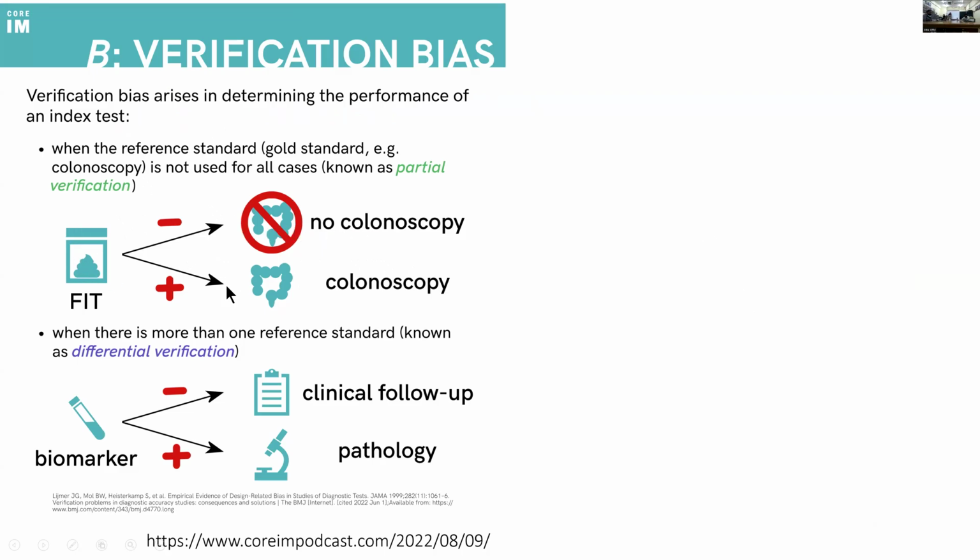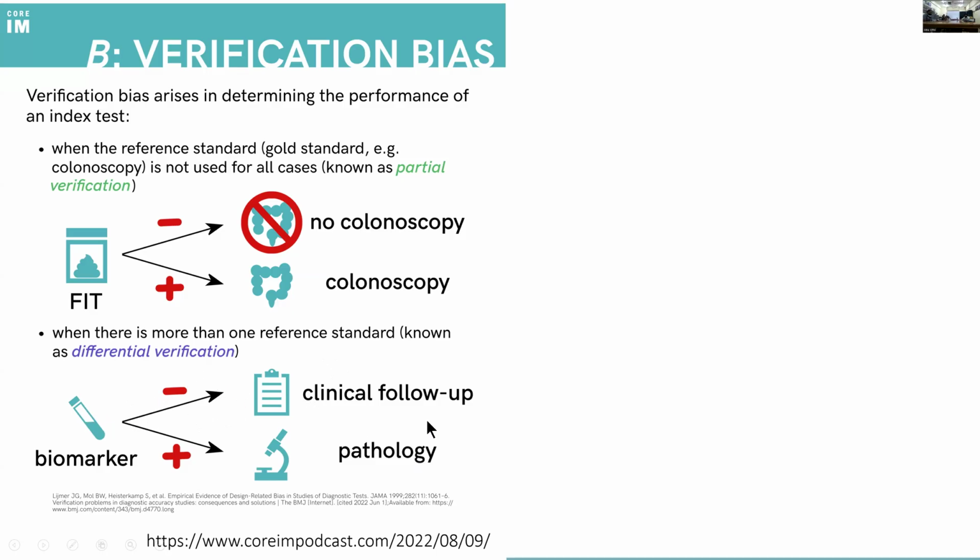So this is called partial verification. Only if the first test is positive do they undergo the final test. Or in another scenario, suppose a biomarker is positive, then they undergo biopsy and pathology. But if the biomarker is negative, they undergo clinical follow-up. This is called differential verification.